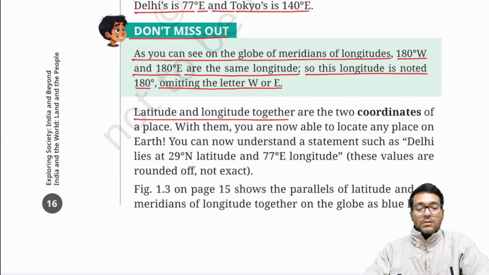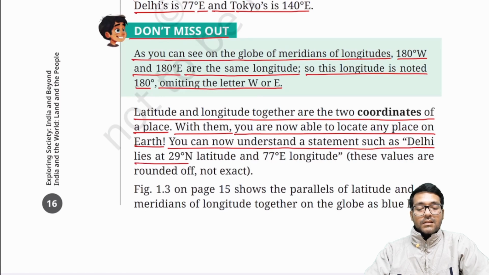Latitude and longitude together are the two coordinates of a place. With them, you are now able to locate any place on earth. You can now understand a statement such as Delhi lies at 29° north latitude and 77° east longitude. These values are rounded off, not exact.